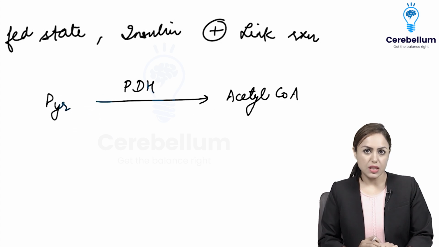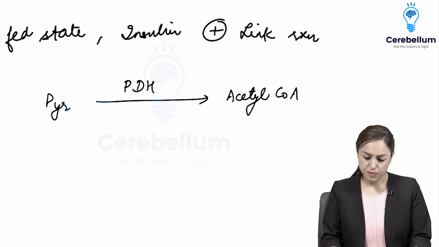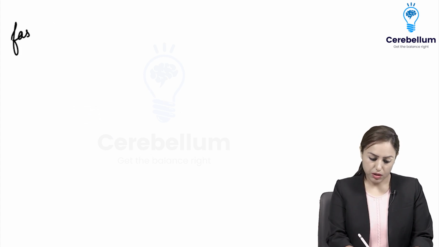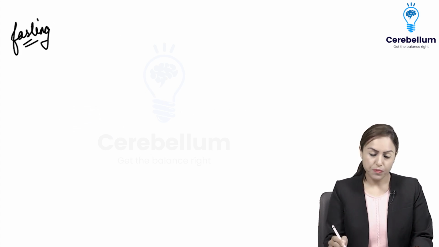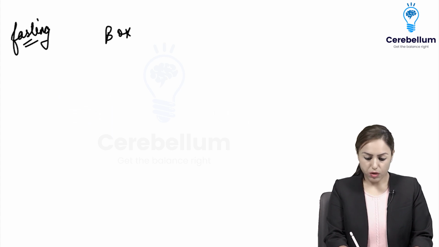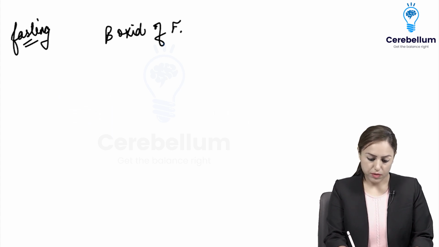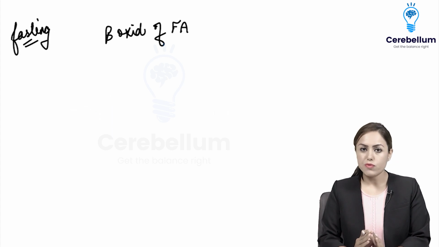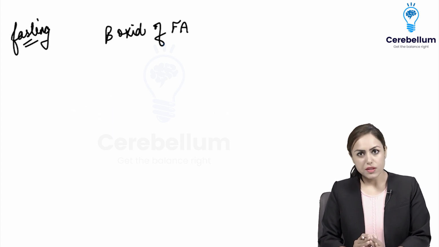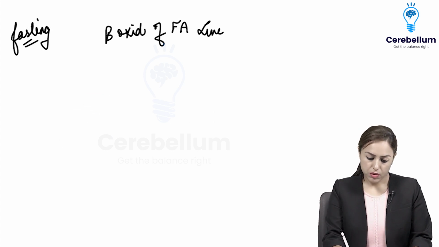But in fasting state, what will happen to the link reaction? Let's see on the next slide. In fasting or starvation, there occurs beta oxidation of fatty acid. There is breakage of fats from adipose tissue. Fatty acids are released via blood, they reach the liver. In the liver, there is beta oxidation of fatty acid.